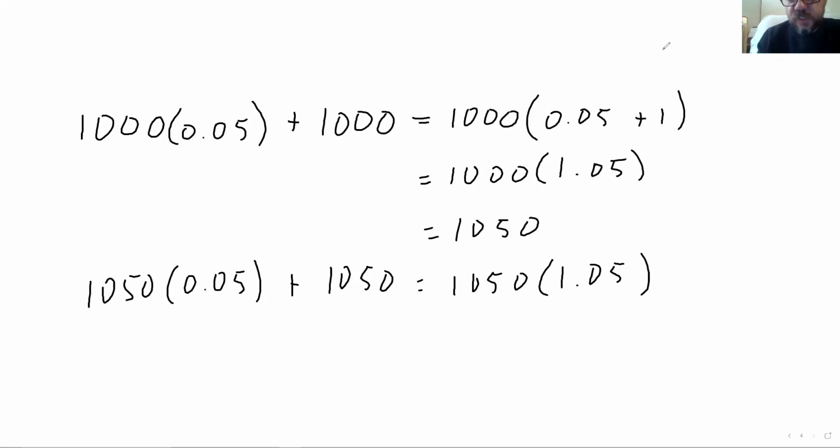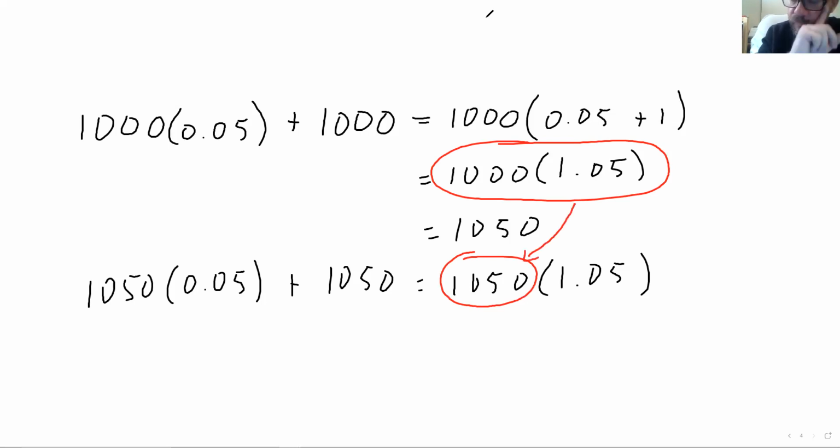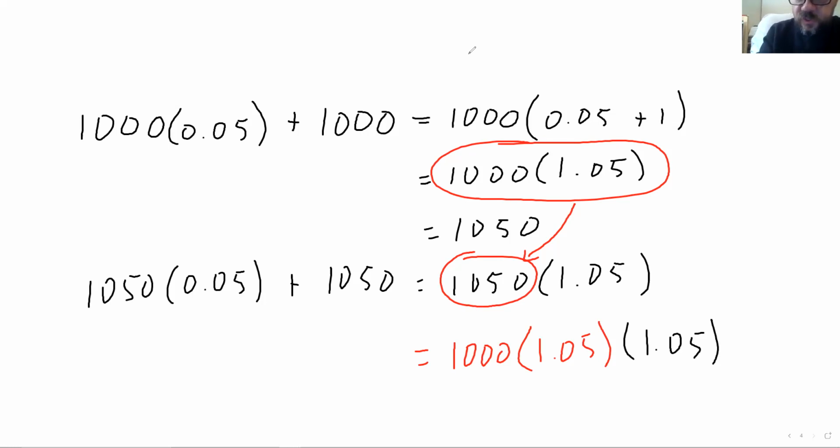But what you might notice is that this can just replace that. So what I've really got here is the following. I'm just going to do this in red. I really have 1,000 times 1.05 times 1.05, right? Which is just 1,000 times 1.05 to the second.